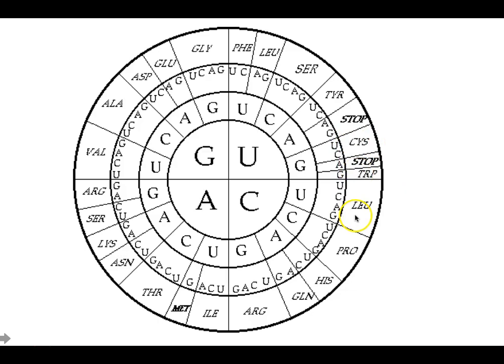Trp for tryptophan, Leu for leucine, Pro for proline, His for histidine, Gln for glutamine, Arg for arginine, Ile for isoleucine, and Met for methionine, Thr for threonine, Asn for asparagine, Lys for lysine, Ser for serine, Arg for arginine, Val for valine, Ala for alanine, Asp for aspartic acid, Glu for glutamic acid, Gly for glycine.